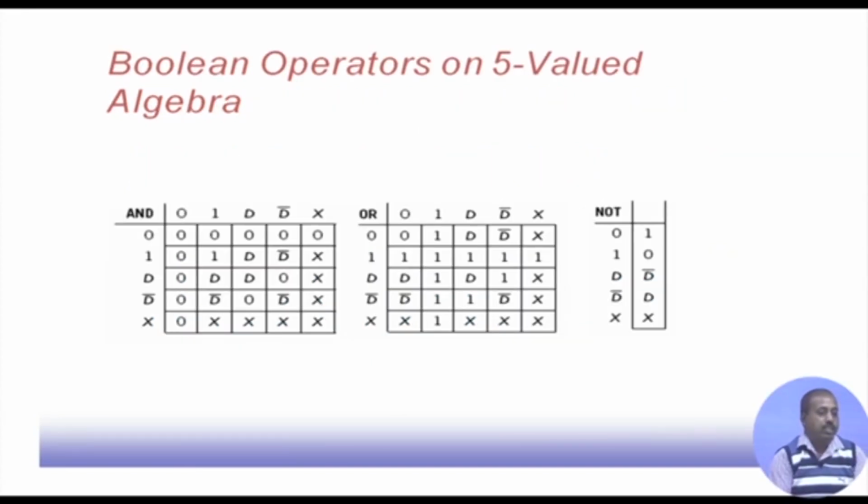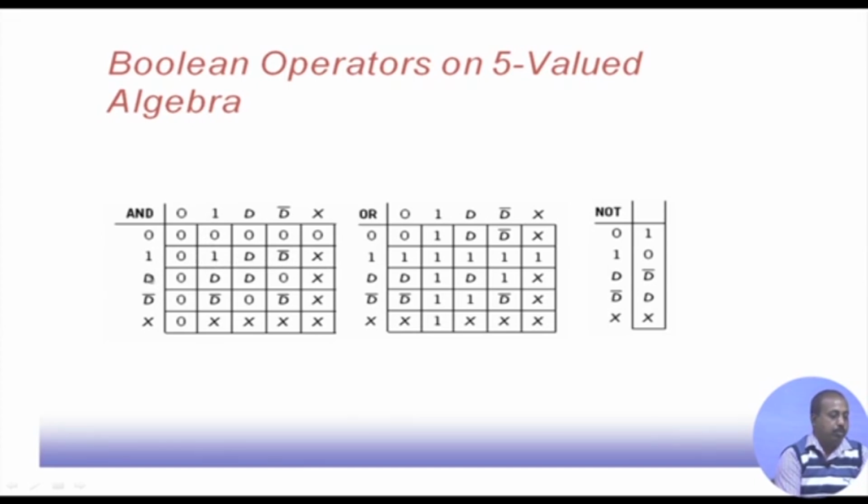Let us see how this algebra will work. Say one input is put onto this row, and another input is put onto this column. For the AND operation, if one of the inputs is 0, then naturally the AND gate output is 0, so there is no problem. If one of the inputs is 1, the AND gate output is equal to the other value: 0, 1, d bar, x.